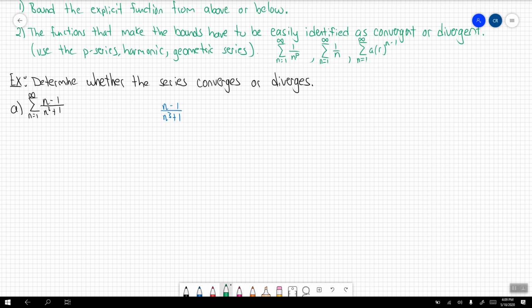So what I'm going to do is I'm going to start, quote unquote, peeling back on this function. All right, so I want to build a comparison here. So naturally, what I'm going to do is I'm going to eliminate one of these constants. All right, because if you look at your original series here, up top in green, they don't have plus or minus certain constants.